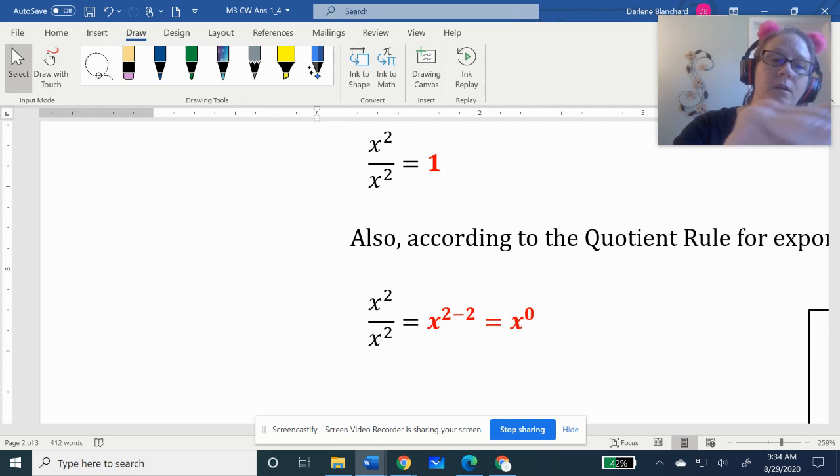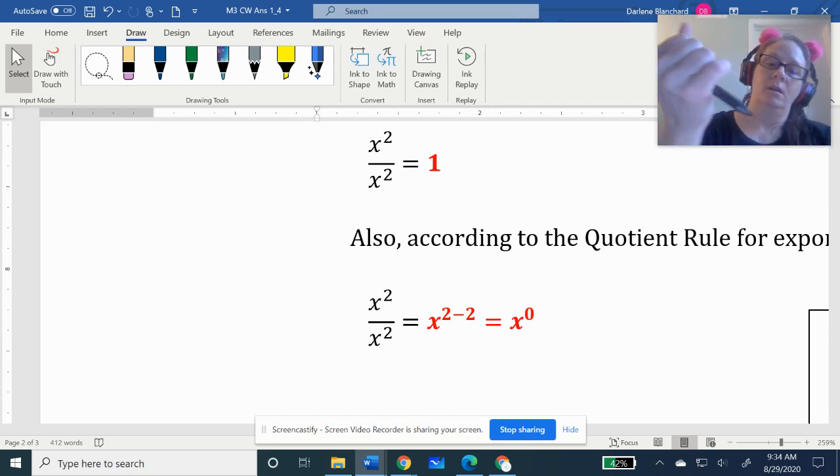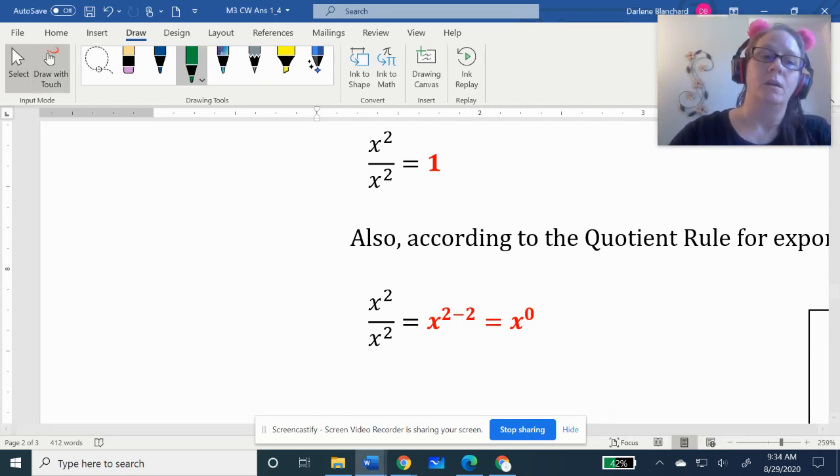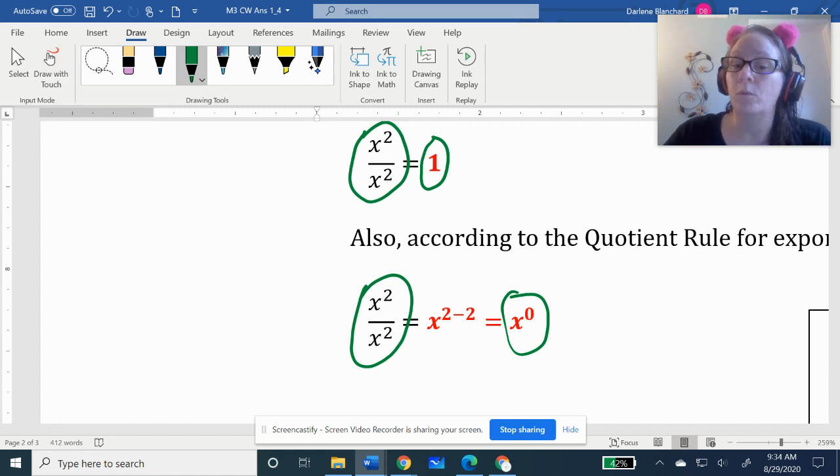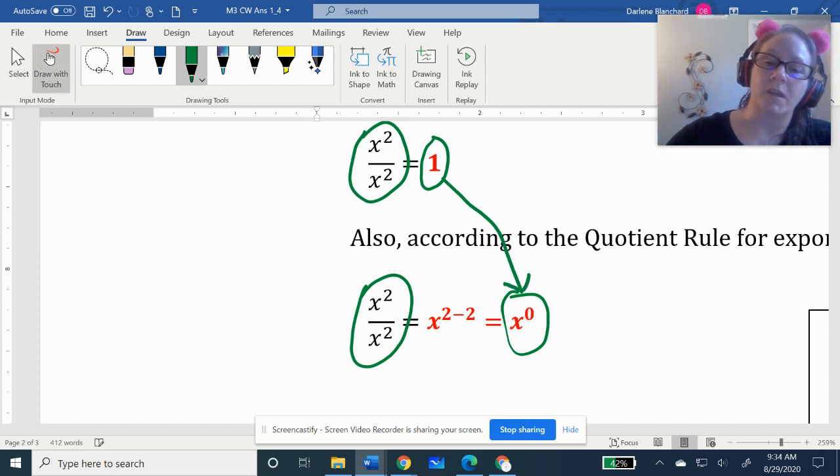And if these two are exactly the same, and one train of thought gives you the number 1, the other train of thought, which is a rule that we know works, we get a 0 exponent. This must mean that these have the same meaning.